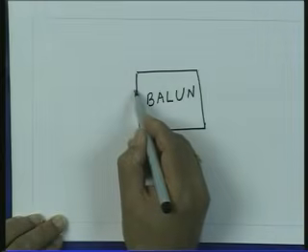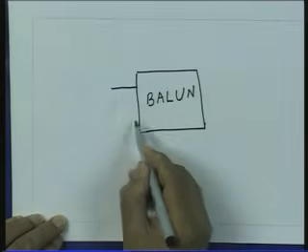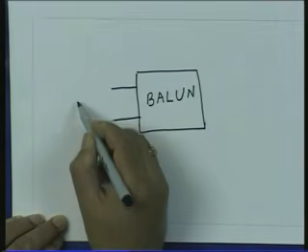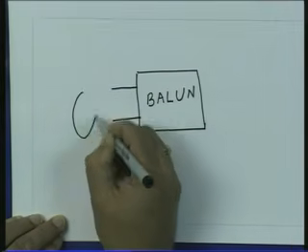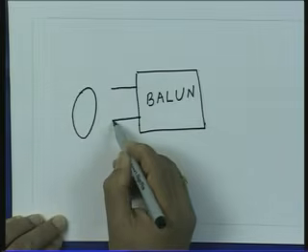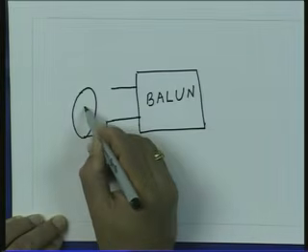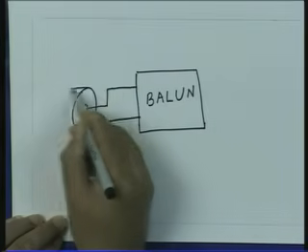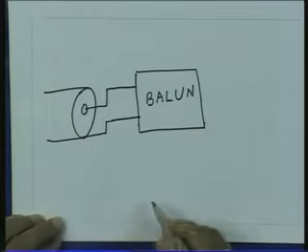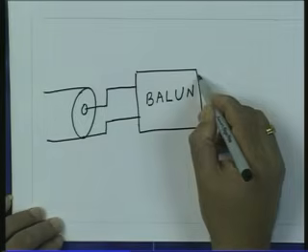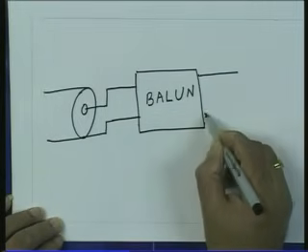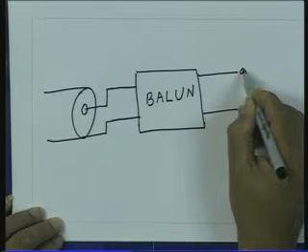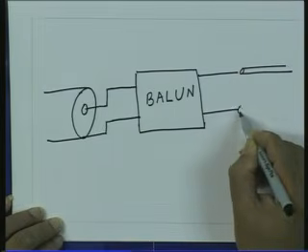So, on this side essentially we have the coaxial cable structure. So, I connect the outer conductor with this, the center conductor goes with that, and on the other side you have a balanced structure. So, you have a parallel wire line connected to this on the other side.